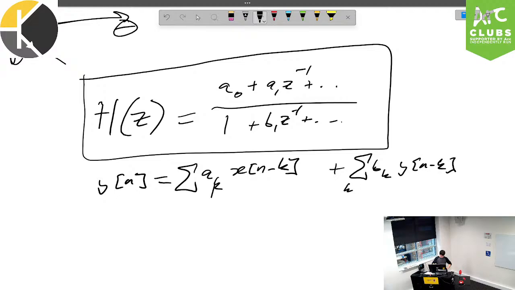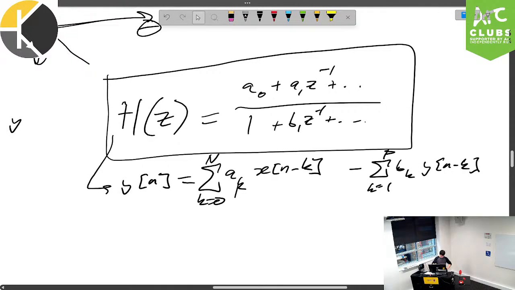Okay? Alright, so given this, these are how we typically map between the two, okay? And we would have a negative there.